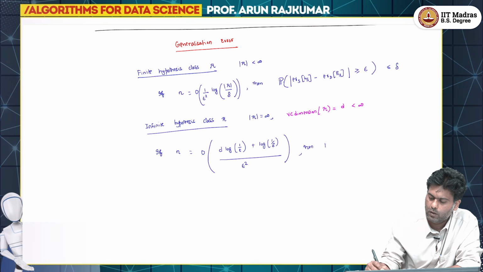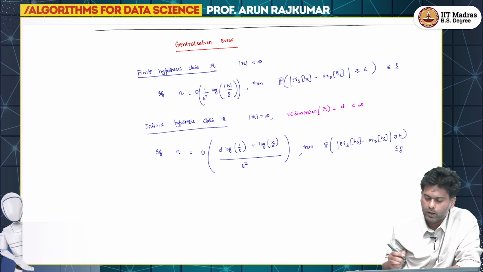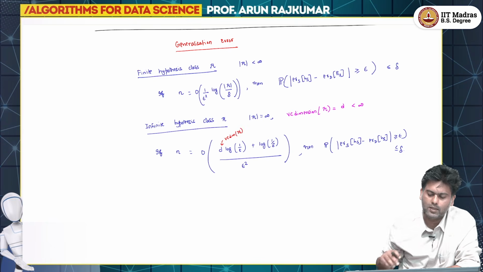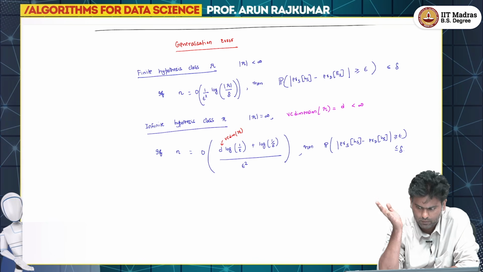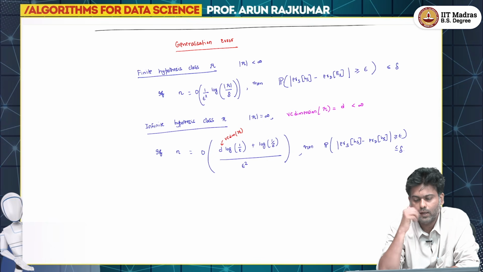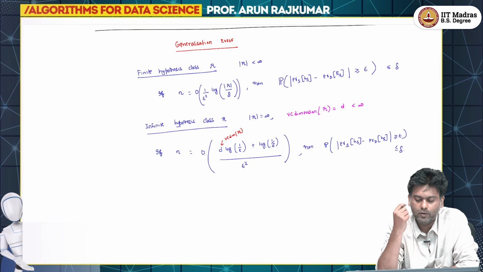Then the same thing holds: the train error and the test error deviating significantly happens with very small probability. Here, just to confirm, d is the VC dimension of H. So when you have an infinite hypothesis class, you still have a result similar to the finite hypothesis class.